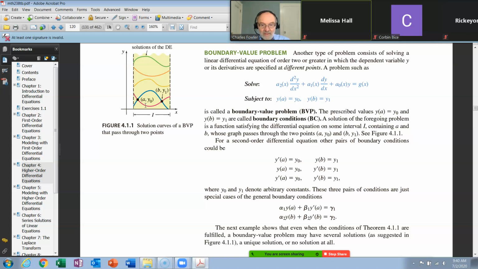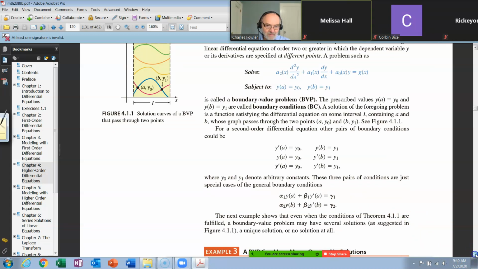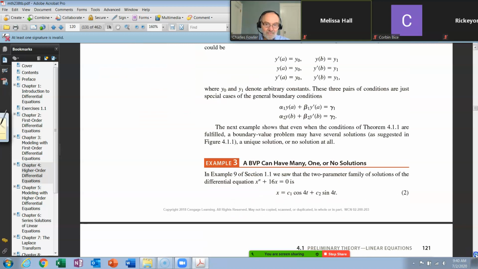Or it could be a unique solution, and that's fine too. Or it may have no solution at all. Everything else seems to be fine, but it may have no solution at all. So let's move on down, come on down to here, and let's do example 3.